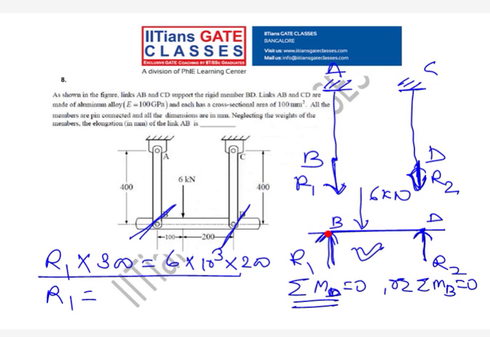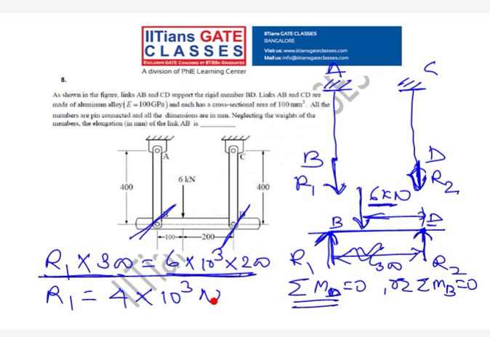See, R1 is going upward, so about point D it will give a clockwise moment, which is R1 into this length 300. Now 6 kilonewton is going downward, this length is 200, so this load about point D will give an anticlockwise moment, 6 into 10 to the power 3 into 200. So R1 is coming as 4 kilonewton.